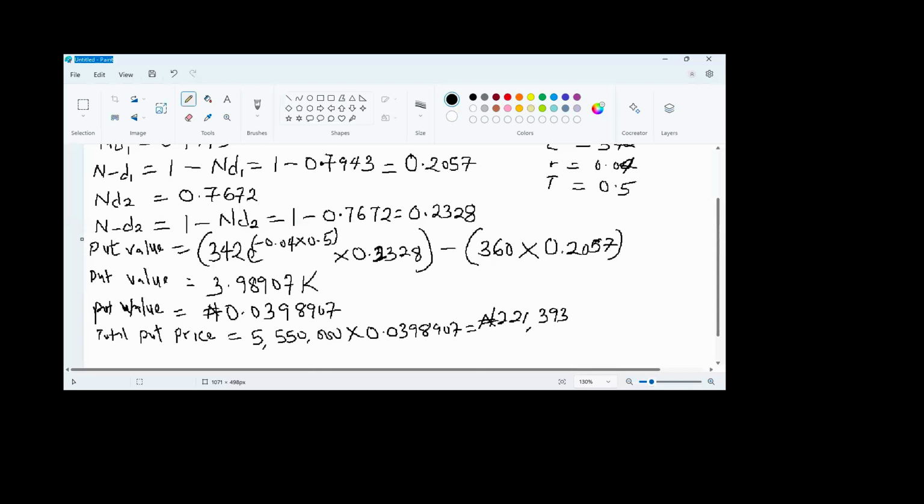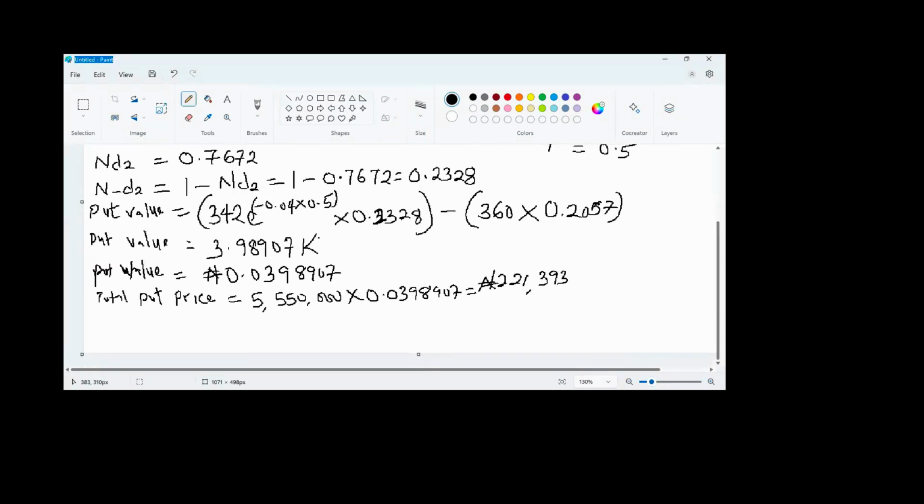That's correct. This is the price you should have paid. This is the fair price. If you are supposed to make payment, you should have paid 221,393. This is the fair price.